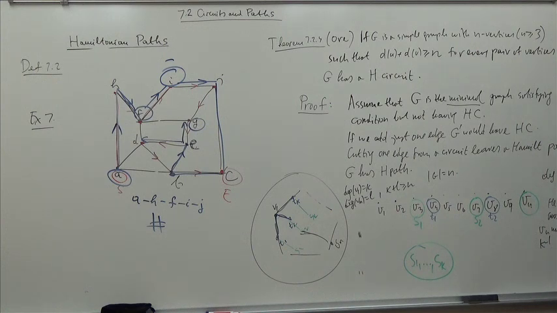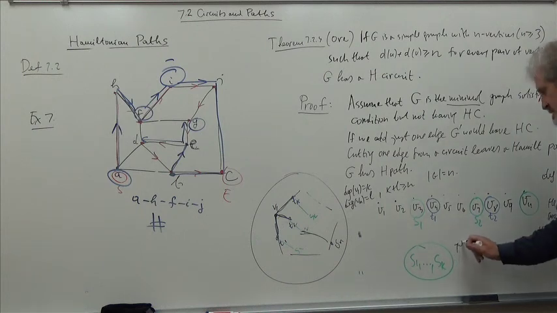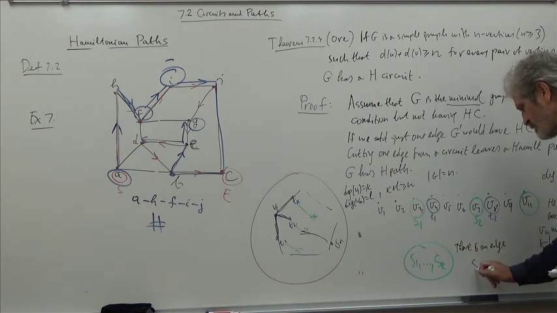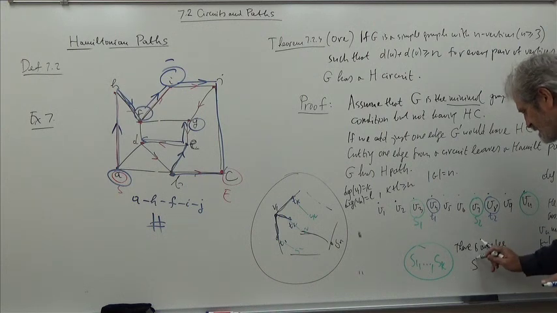So that means Vn is connected with one of those S's. So there is an edge between one of Si's, green Si, and the Vn.